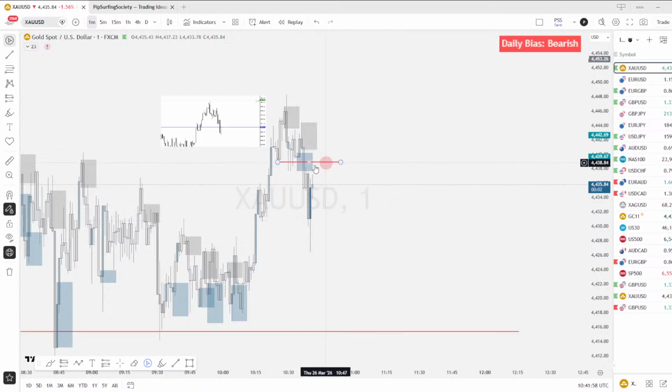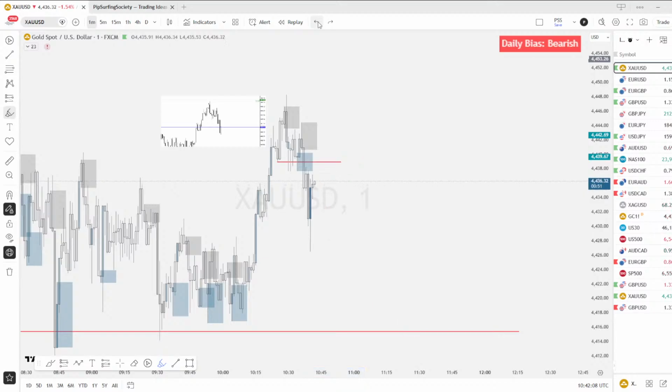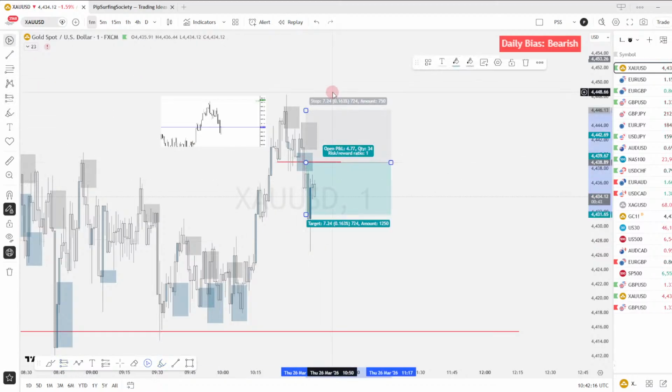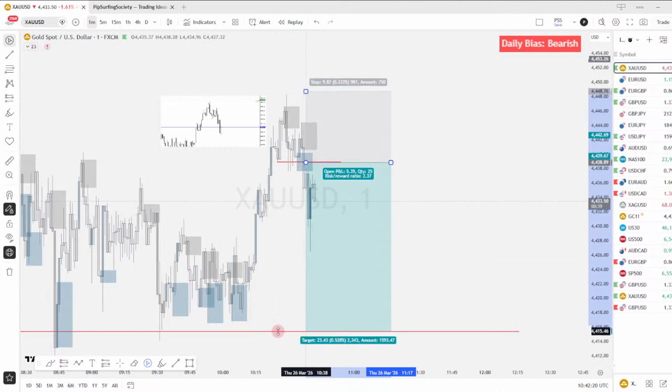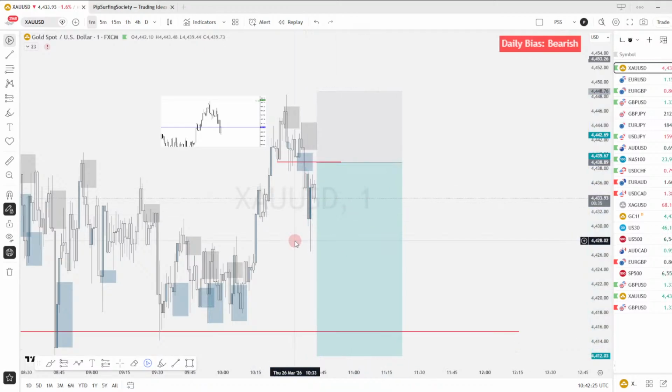So even if this comes back to this area now, I'm not trading it. Many people will say, well, if you think it's going to go all the way down to this low, why will you not just trade it if it comes back to here? That's because my rule set allows me to know the answer to the question. If we've already had a super aggressive expansion prior to price action tapping in, then it's not going to be valid for us to continue selling.